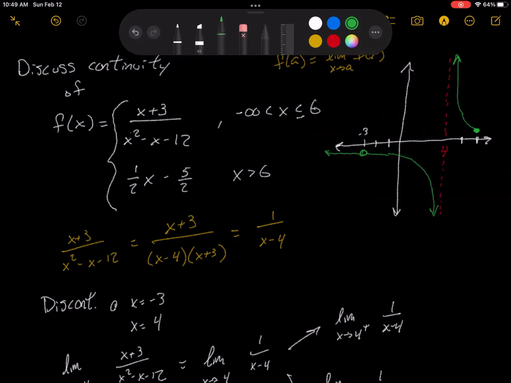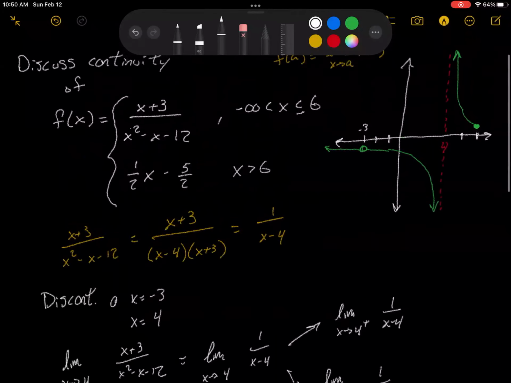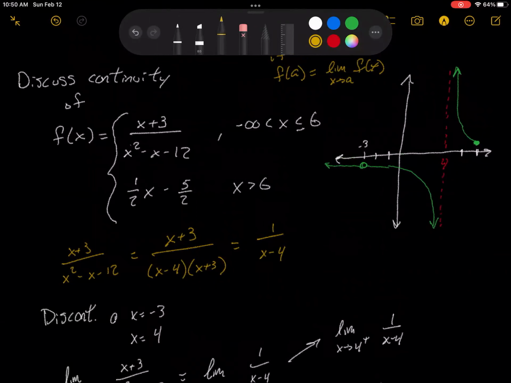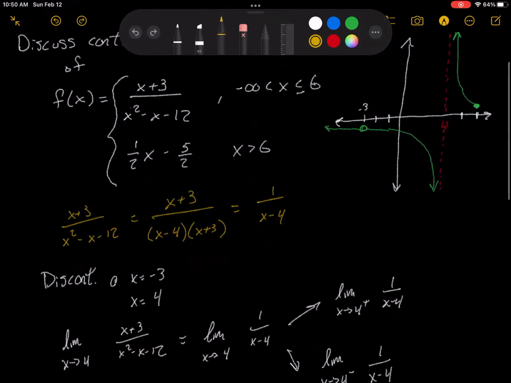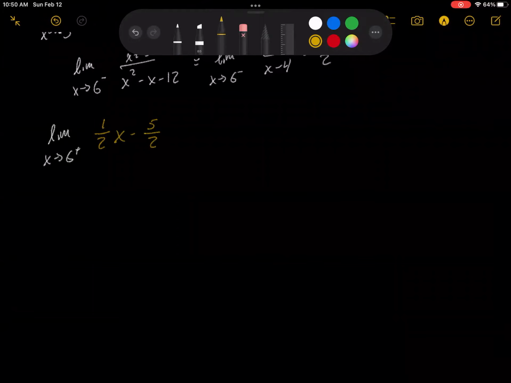All right, so let's see what's happening on the right side of 6. If I look at the limit as x approaches 6 from the right of this function, then I should use the function that exists on the right side of 6, which is 1/2 x minus 5/2. This is a straight line. It's continuous everywhere.